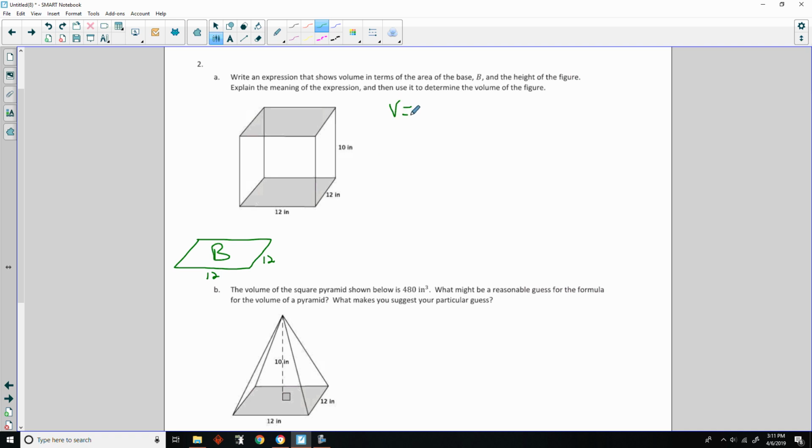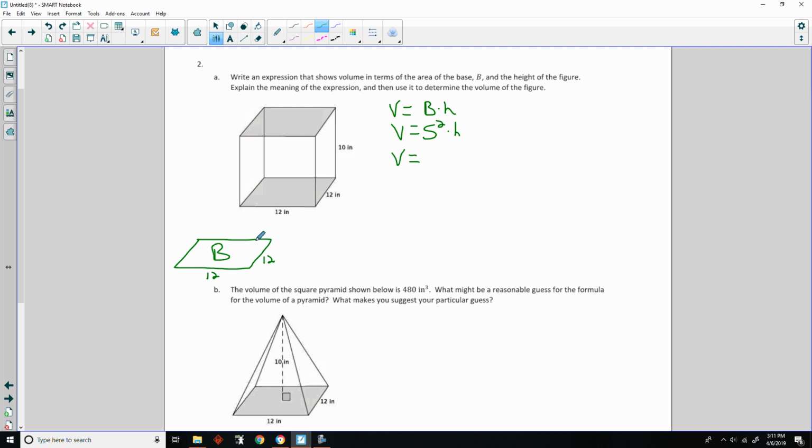The volume of a cube is base area times height. In this case, the base is a square, and the area of a square is the side squared times height. Now we substitute in our givens.